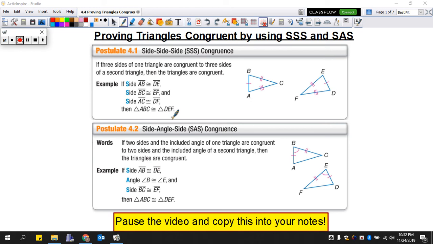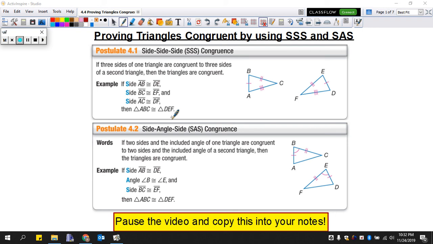That's what congruence means. If all the sides are the same, then the angles are going to be the same as well. So the side-side-side congruence says that if all the sides are congruent to the other triangle, then the two triangles are congruent.